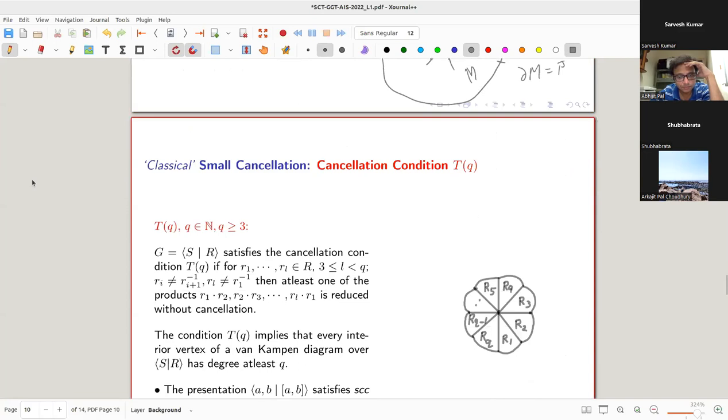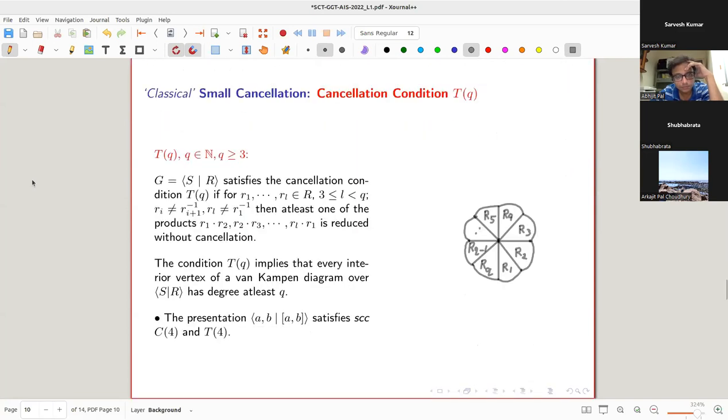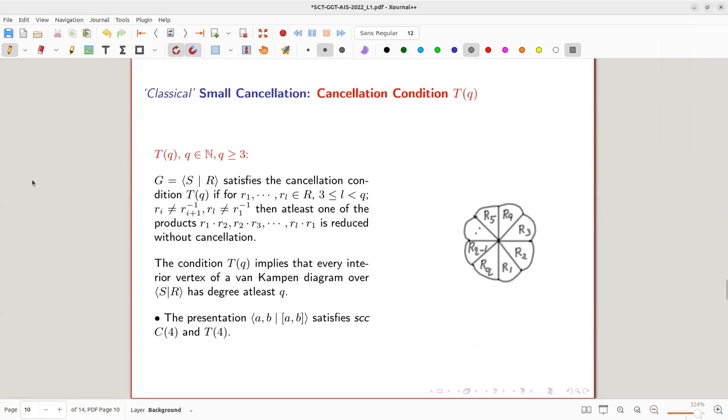Okay, so there is another condition that we want to talk about. It is called T(q). What it says essentially is that a presentation satisfies the T(q) condition if for L relators, where L is greater than or equal to 3 and less than q, and Ri is not equal to R(i+1) inverse. What do I mean by that?